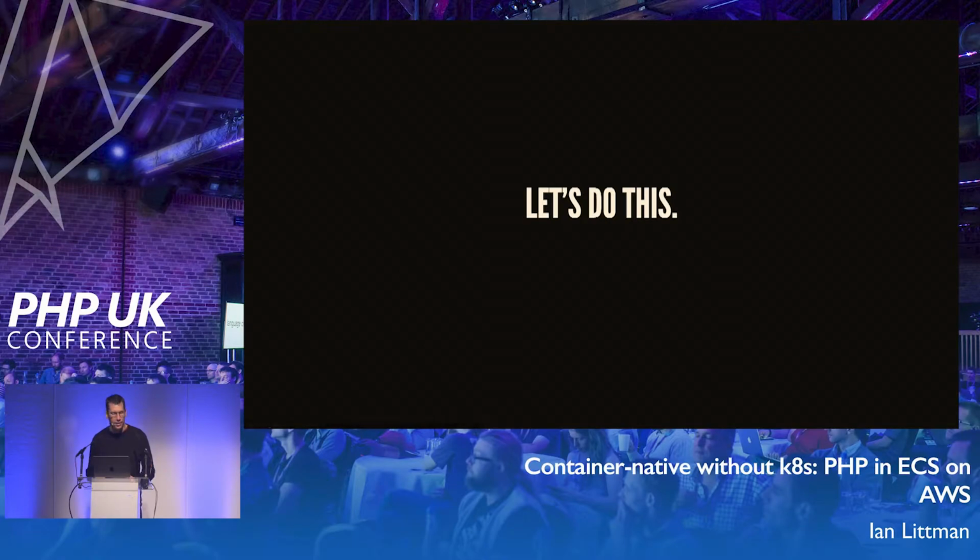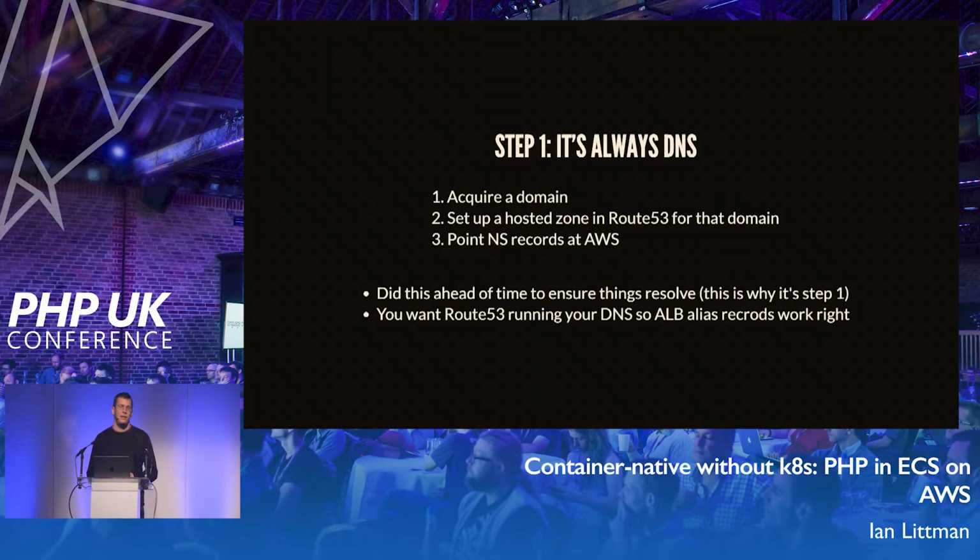So with that, let's start off with the thing that I did ahead of time, because I don't trust DNS to propagate quickly enough. I have a domain sitting around, cloudihills.com, set that up with name.com, pointed the name servers at Route 53. A reason for doing that is Route 53 allows you to alias your A record back to a load balancer and actually handle that properly rather than having IP addresses and such move out from under you.